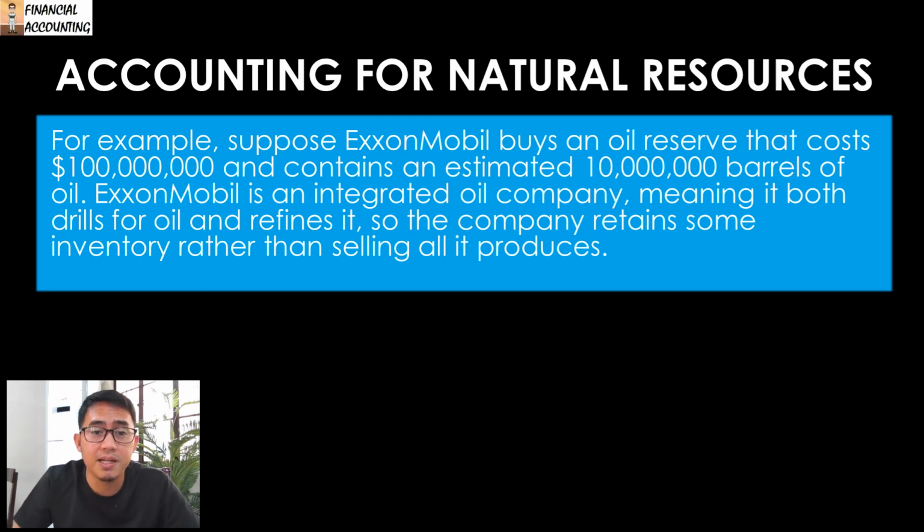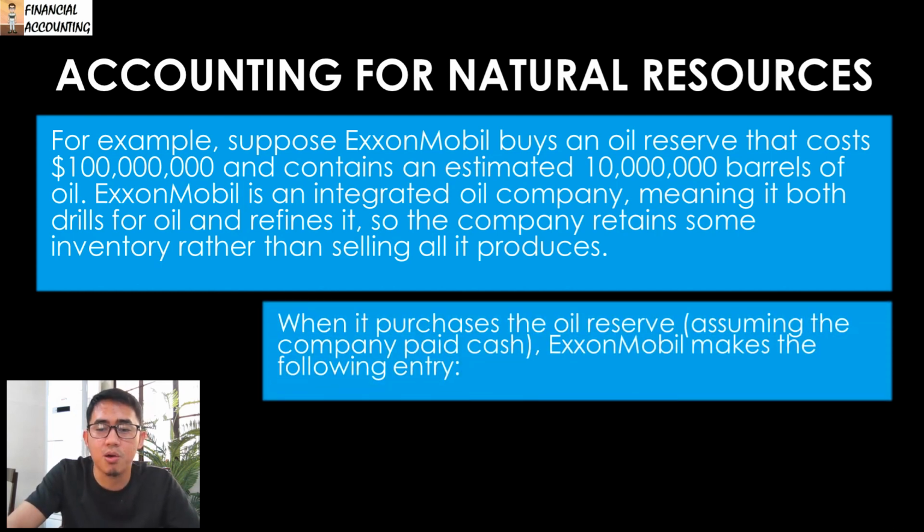So ExxonMobil is an integrated oil company, meaning it both drills for oil and refines it. So the company retains some inventory rather than selling all it produces. So it's similar to oil companies which drill their own oil, refine it and sell it.